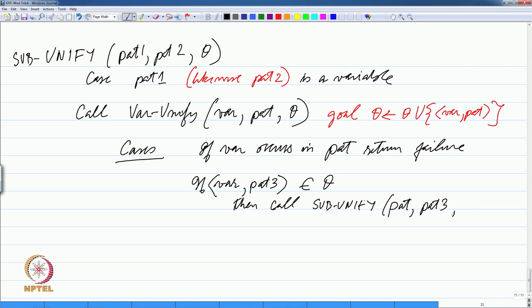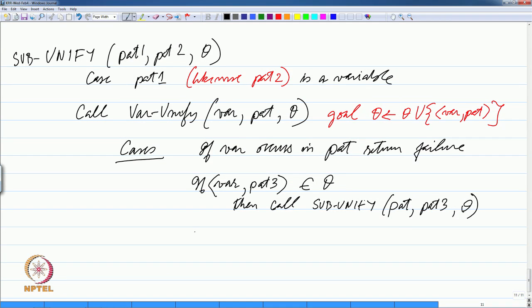Try to see if you can make them the same. If that is the case, then whatever the values returned by them will be the value that you will add to that essentially. So, if variable already has a substitution in theta, then see whether that substitution and this current pattern will match or not essentially. If you come through this, otherwise you simply return theta union this set.